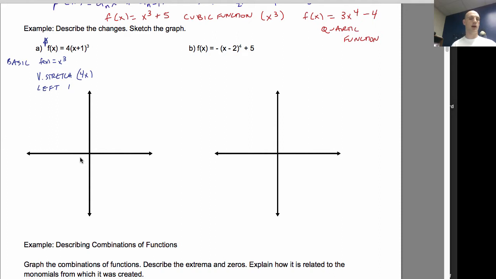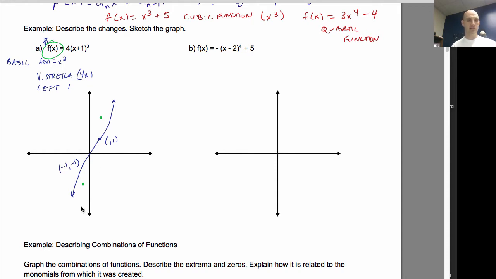And so if I were to graph my x cubed function here, it went through 1, 1, and it went through negative 1, negative 1, because that's my basic structure of the cube. What would happen is my new function, which I'll circle in green, the vertical stretch of my coordinate here would go up to 1, 4 and down to negative 1, negative 4.